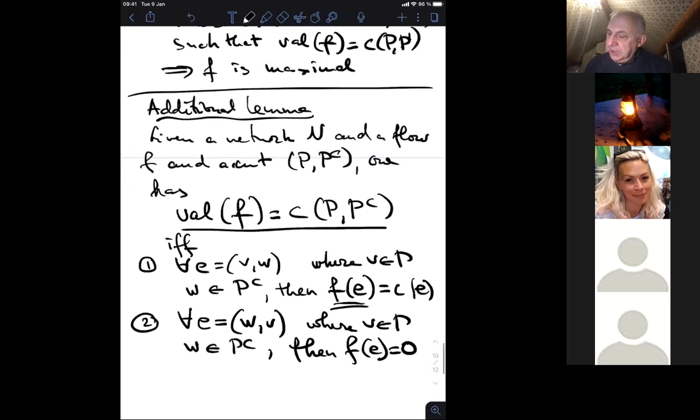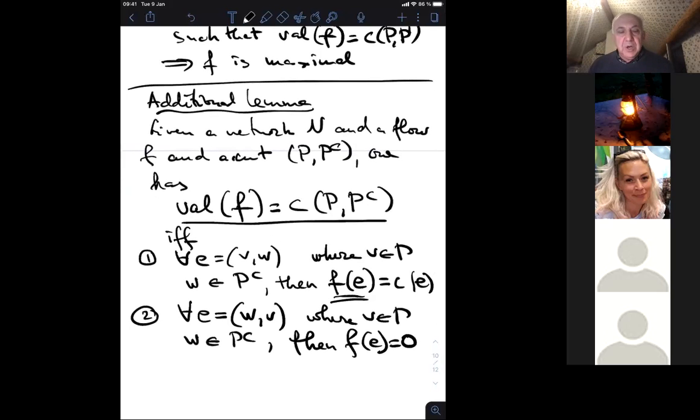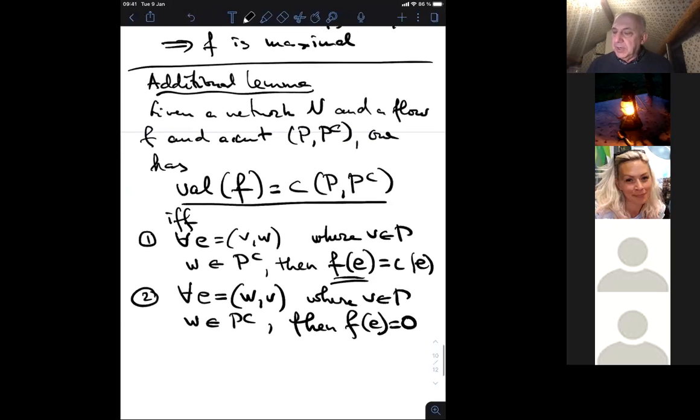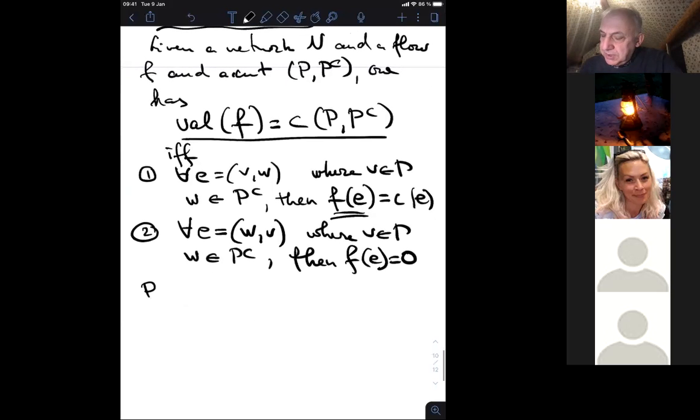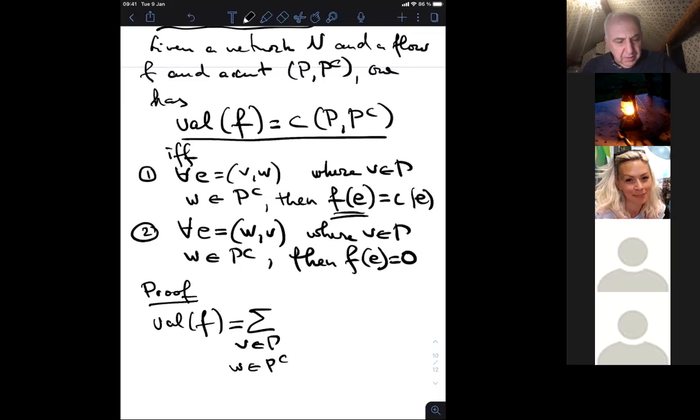Okay, how do we show that? Maybe this lemma will explain why we need this notion of augmenting path and why it is interesting for us. So here is the proof. We know by the previous lemma that for a given cut, we can calculate the value of the flow by the sum over all V in P, W in P complement of F of VW minus F of WV.